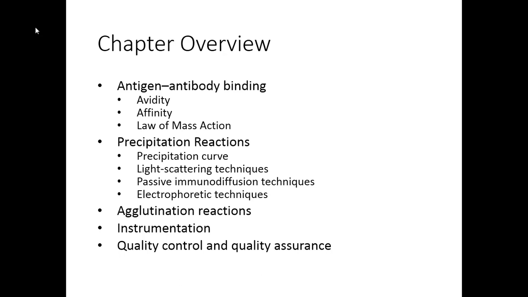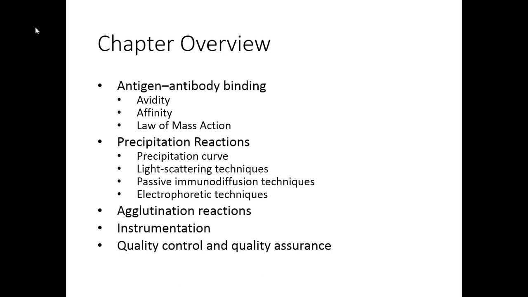In a nutshell, agglutination testing involves antigens, such as those on cells, that when they combine with antibodies, form an aggregation, almost like a clumping, to form larger complexes that are visible to the naked eye. We see them in, for example, red blood cell typing in blood banking. I know you've done that.